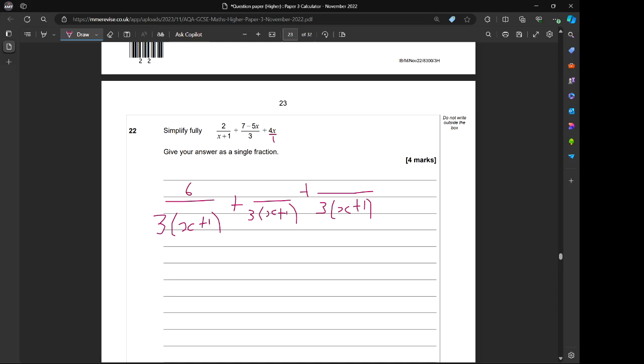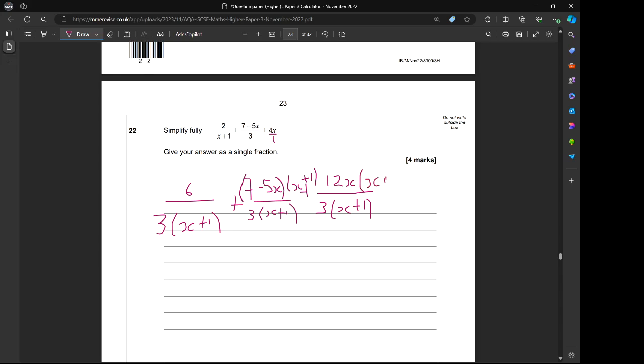We times the second fraction by x plus 1, so we have 7 minus 5x times x plus 1, which we'll expand in a minute. Then the third fraction we times by 3 lots of x plus 1, so we'll have 12x bracket x plus 1, because 4x times 3 makes 12x.